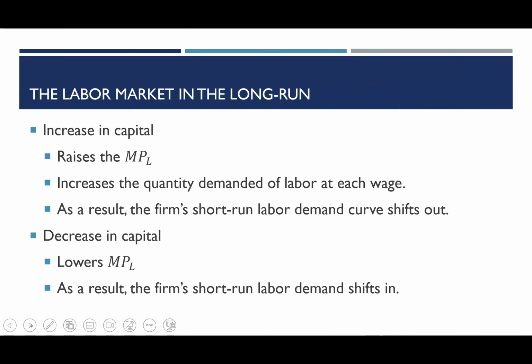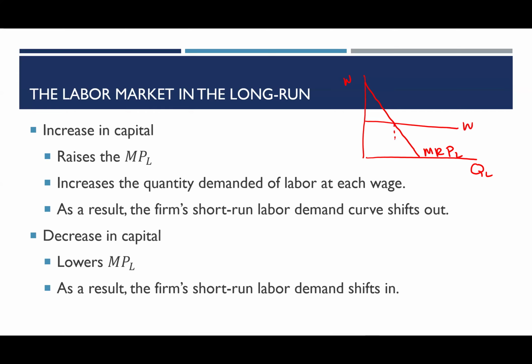So let's look at some examples. First, let's do an increase in capital, right? Let's say that capital goes up. And we can draw our graph here. So we have the marginal revenue product of labor and the constant wage, and their intersection gives us the amount of labor hired in equilibrium.